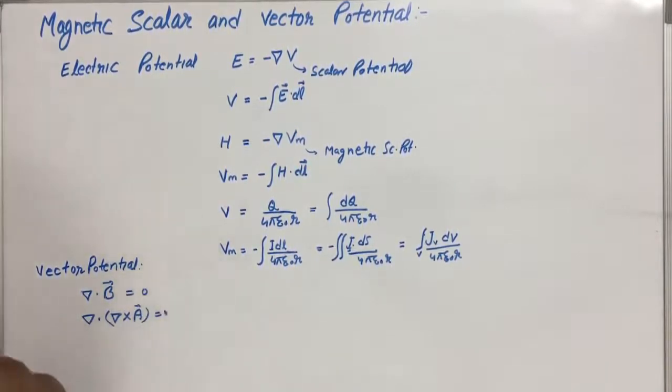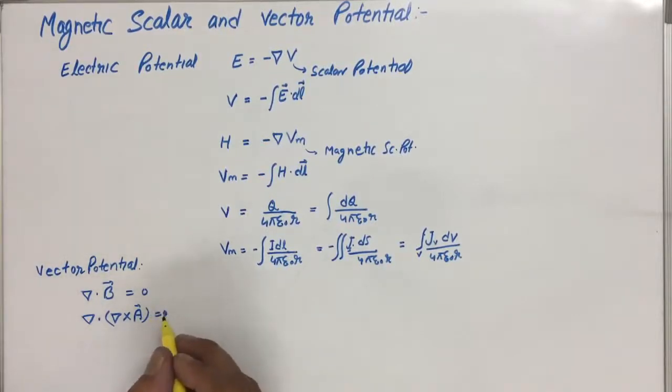We have studied this very well. So here we know the divergence of the curl of any vector field is 0.